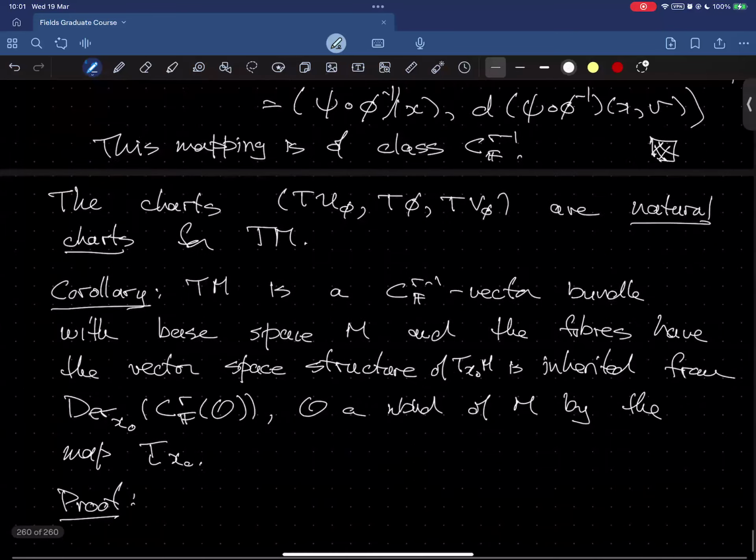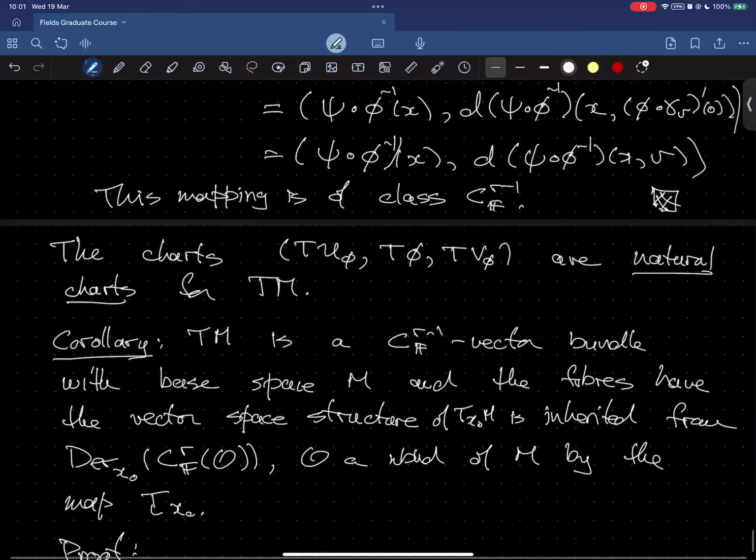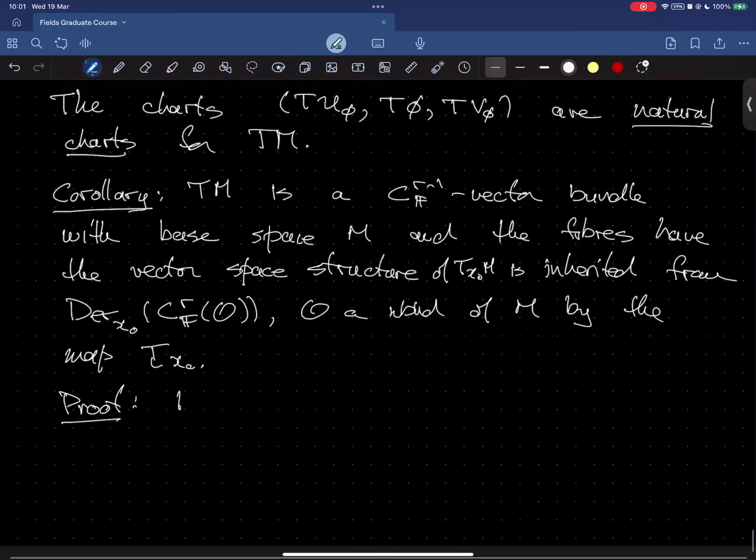Okay, so the overlap map. So let me just be a little bit terse with this proof.